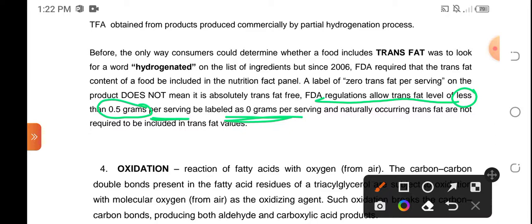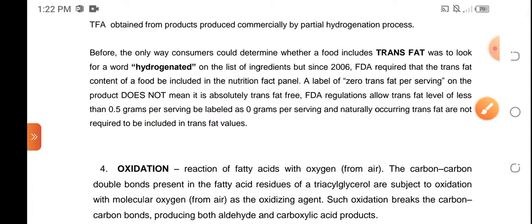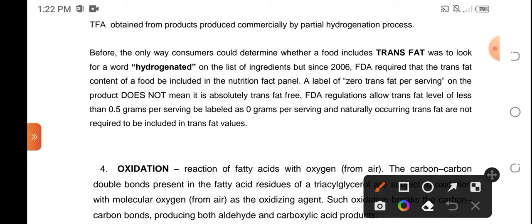So, kapag dun sa nutrition facts, nakalagay na trans fat ay 0 grams, it does not represent that is 0 talaga. Rather, pwede din na meron siyang less than 0.5 grams. Kasi allowed naman daw yan.